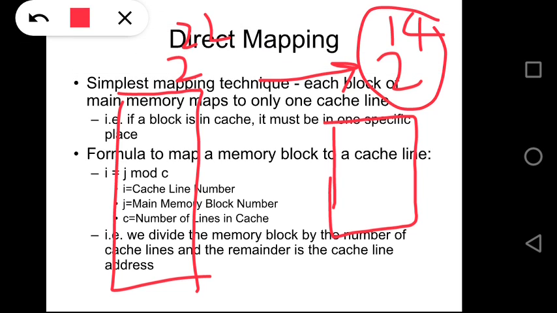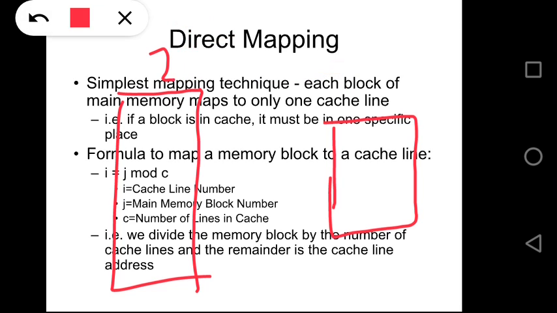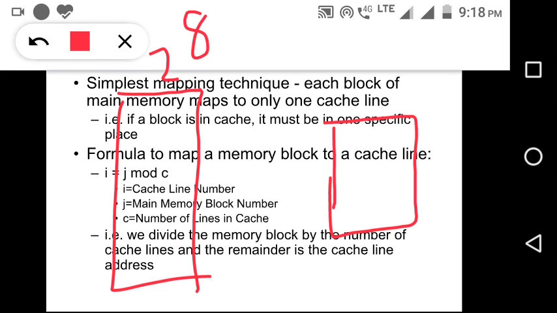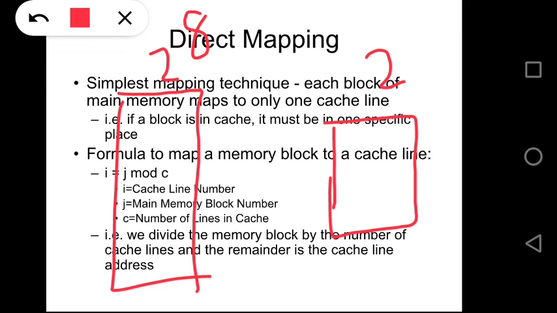So we will take a simple case. Let's assume I have to convert 2 power 8 into 2 power 2. So what I can do, take the main memory block number.